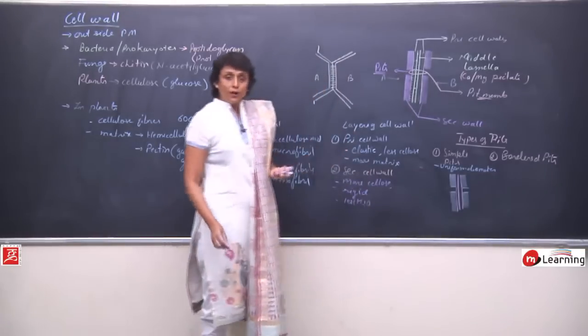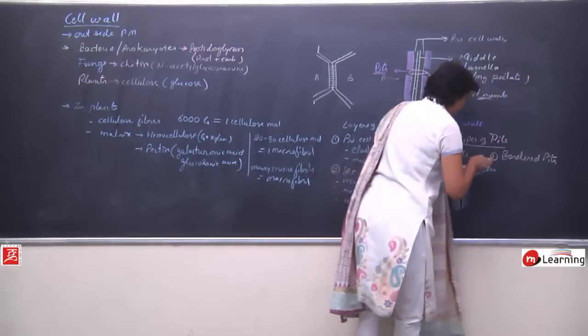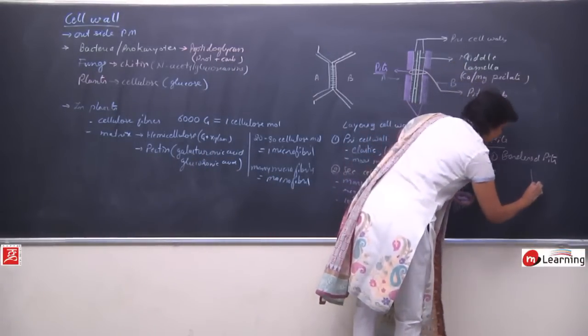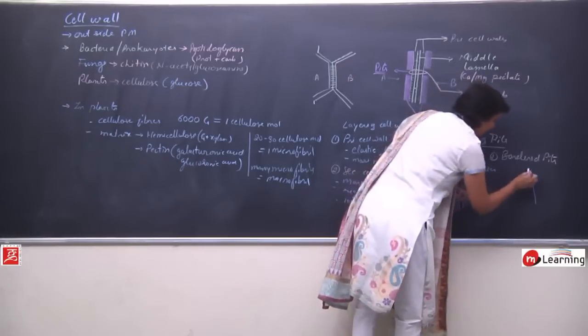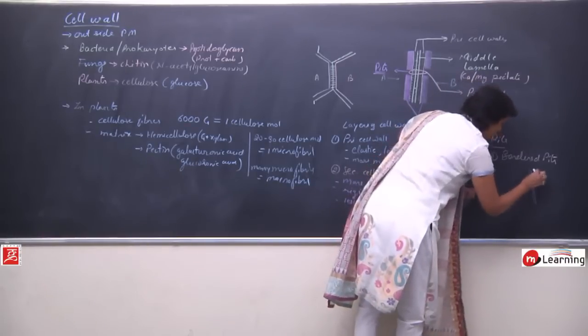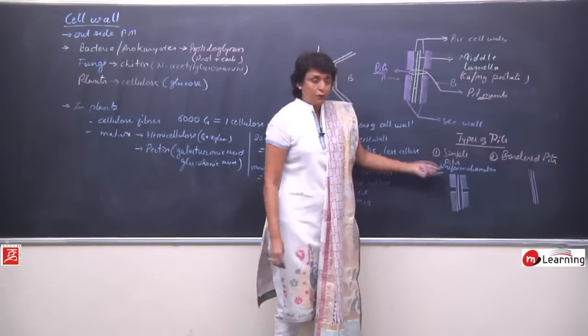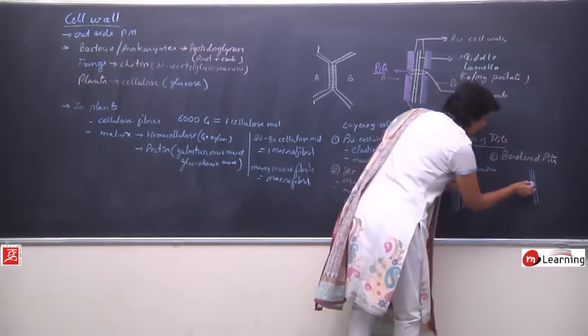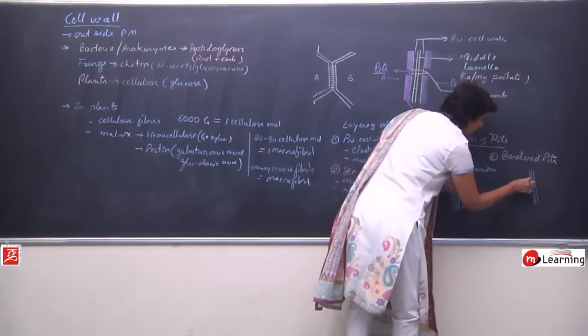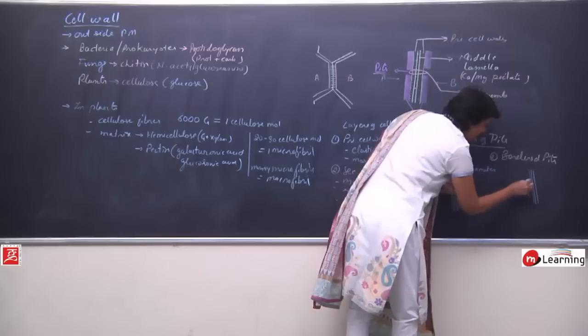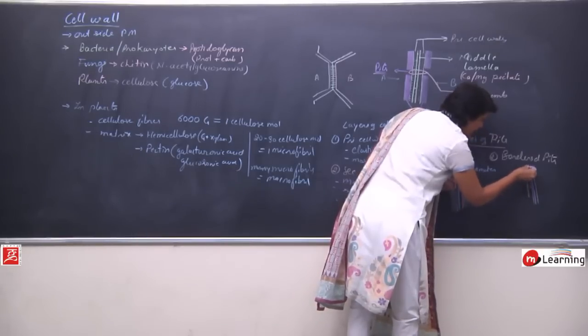In case of bordered pits, the middle lamella, primary layer, primary walls, this part is the same. Now, during deposition of the secondary, the deposition takes place in a slightly different manner.